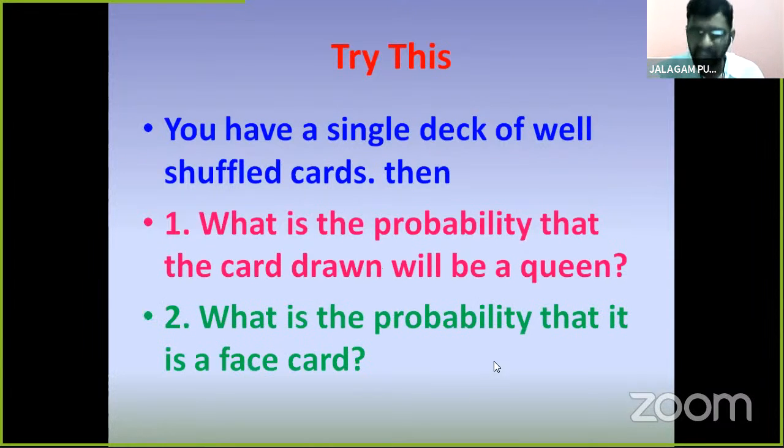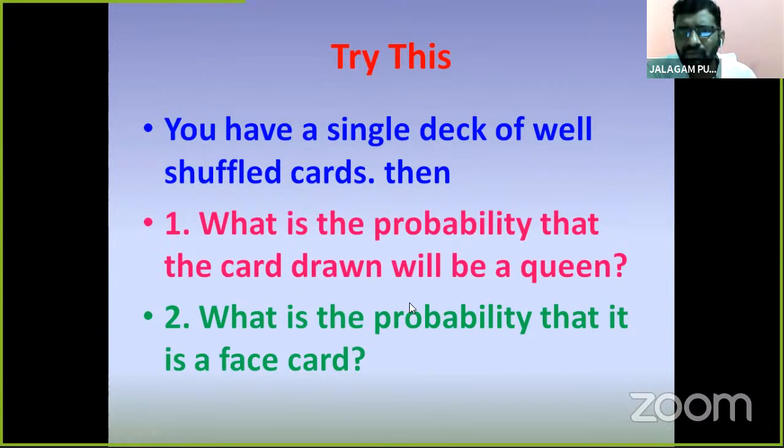Next one, children. What is the probability that it is a face card? We just learned about it. What are the face cards? How many face cards are there in a deck of cards? What is the formula?